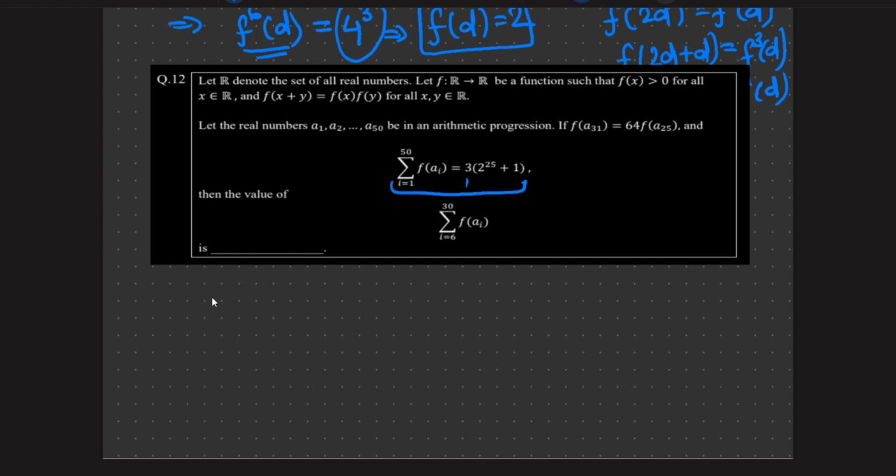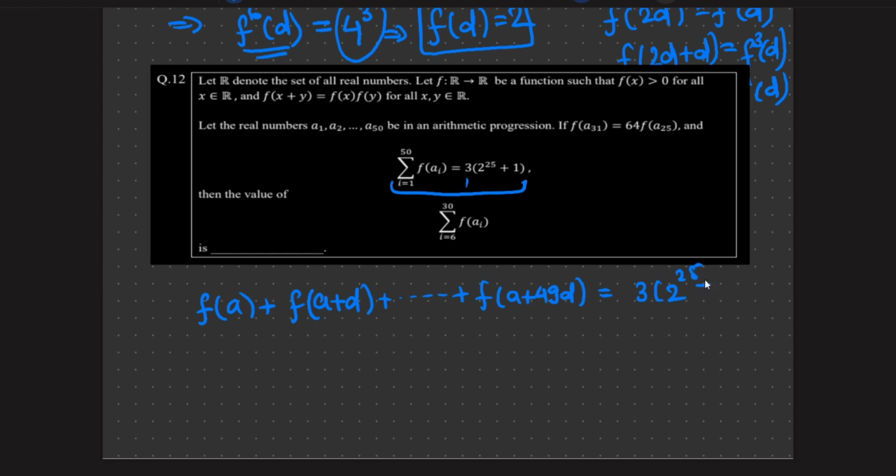Let us write the terms and see what we get. We get f(a) + f(a + d) up to f(a + 49d) is equal to 3 times (2 to the power 25 + 1).